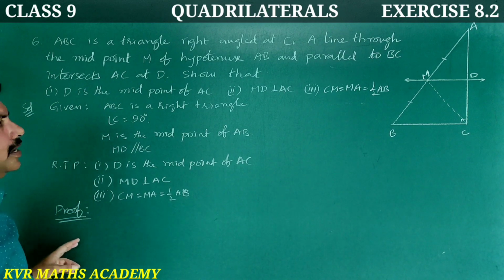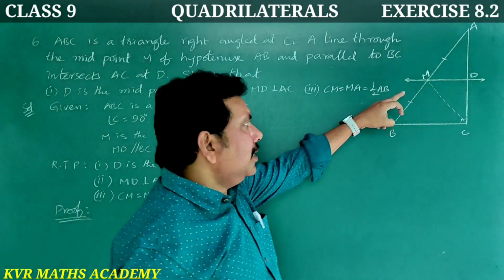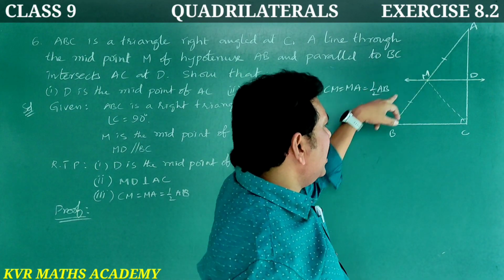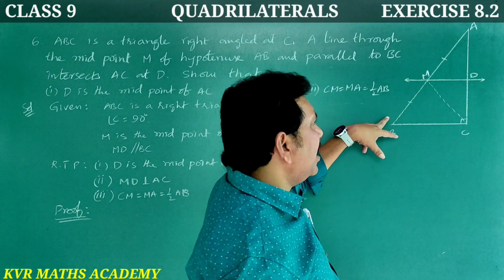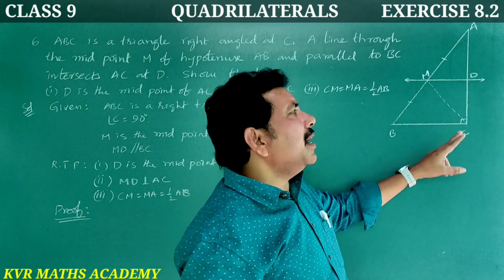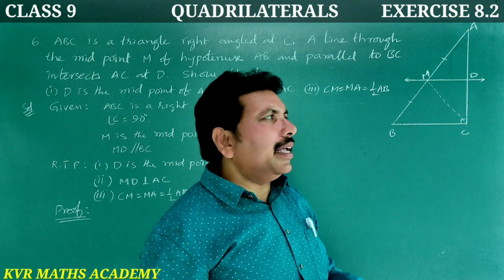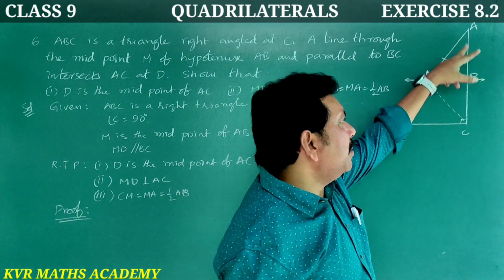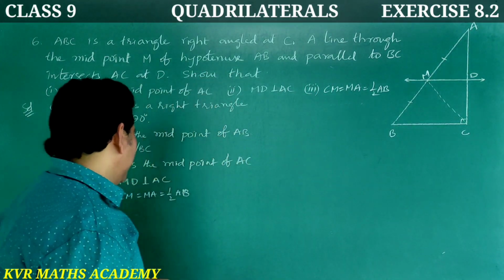Proof. We have M is the midpoint of AB in triangle ABC, and MD is parallel to BC. Then by converse of midpoint theorem, D is also midpoint of AC.